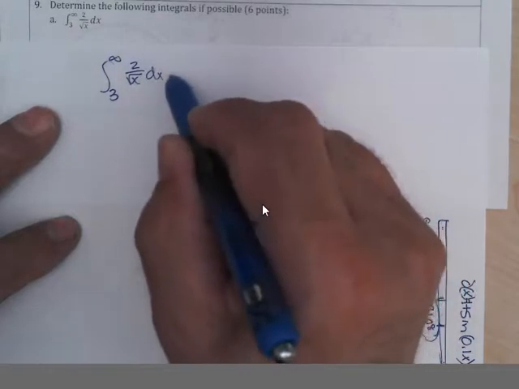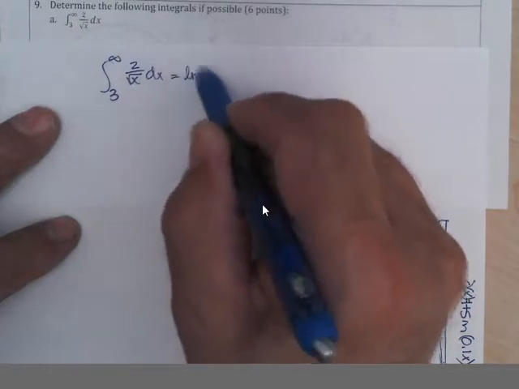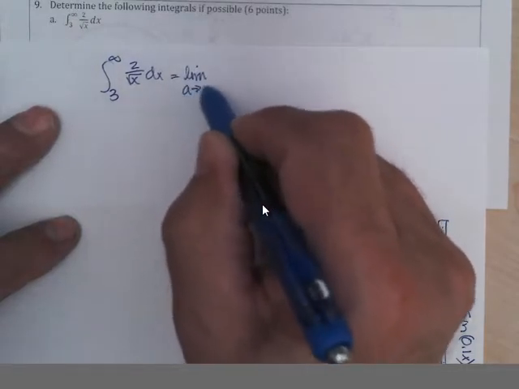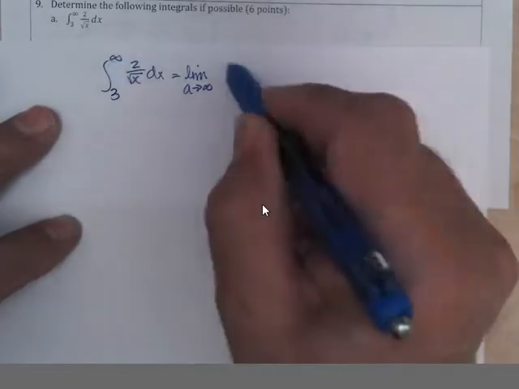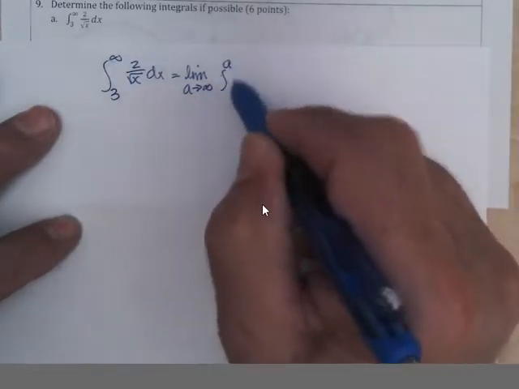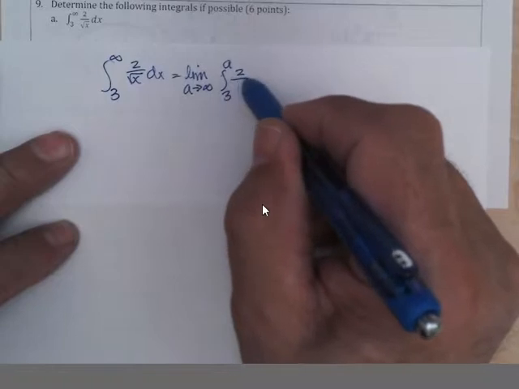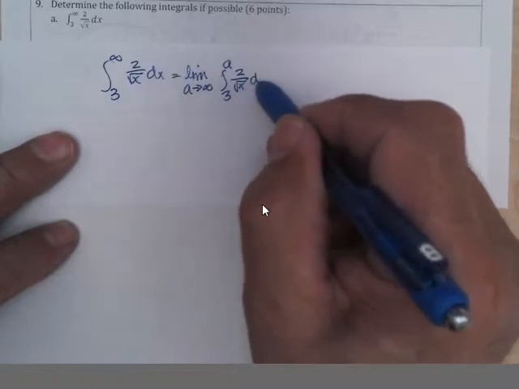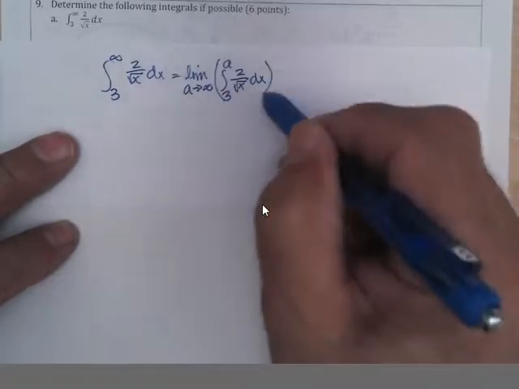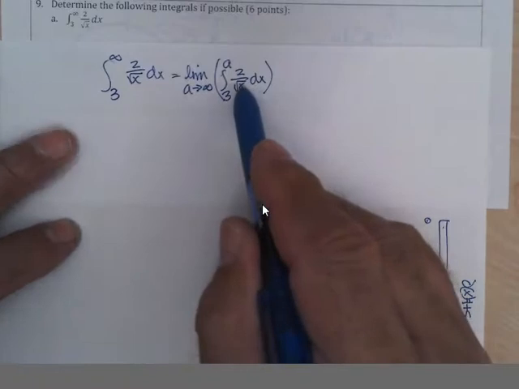So I have to take the limit as a goes to infinity and put a in place of that. So 3 to a of 2 over the square root of x dx. Work on this part. Do the antiderivative.